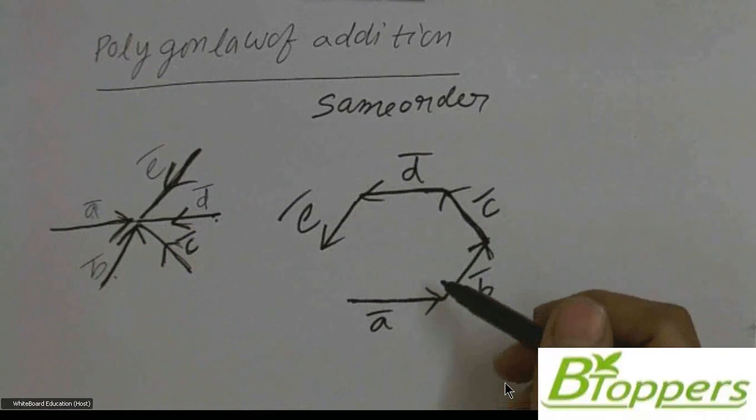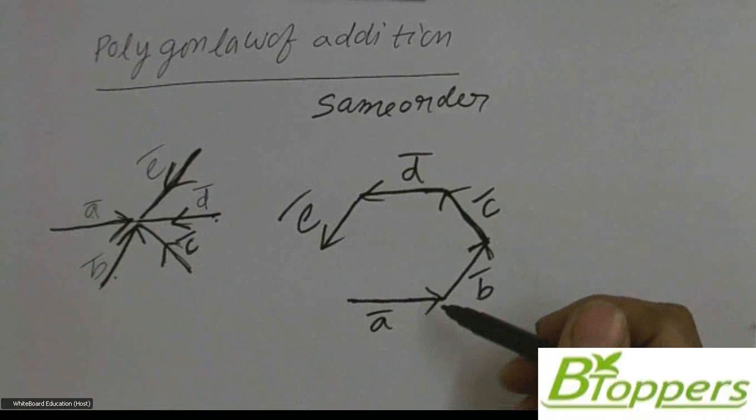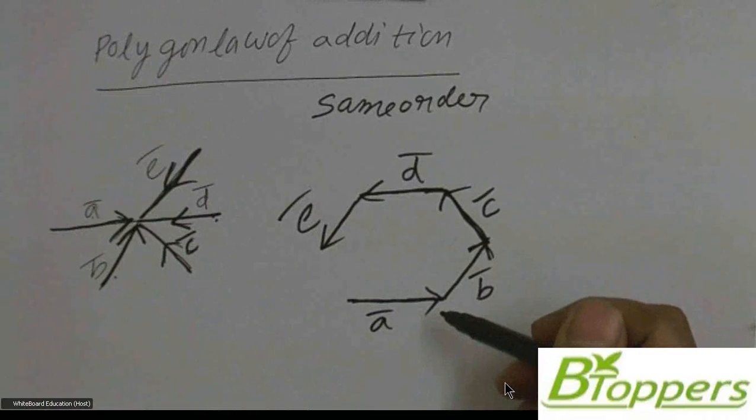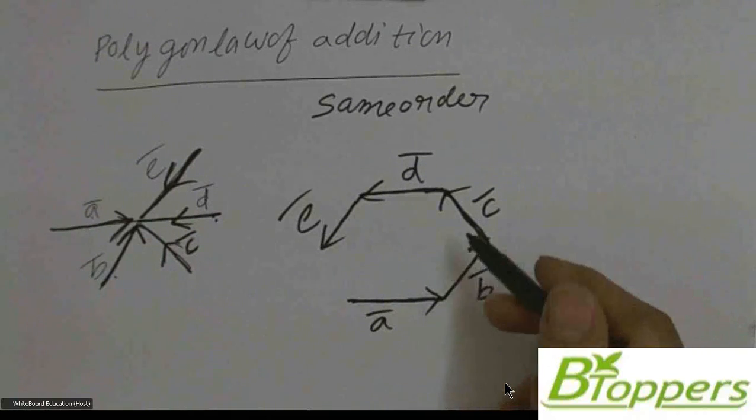To understand the rules of vector addition, we usually take the example of displacement vectors. Of course, all vectors are not displacement vectors, but whatever laws of addition are true for displacement vectors will also be true for other vectors.